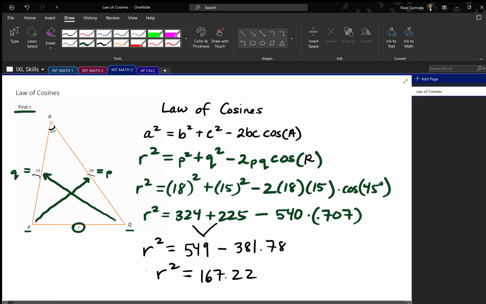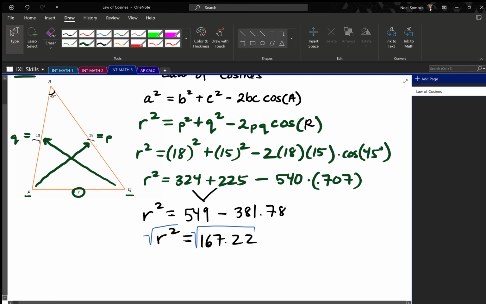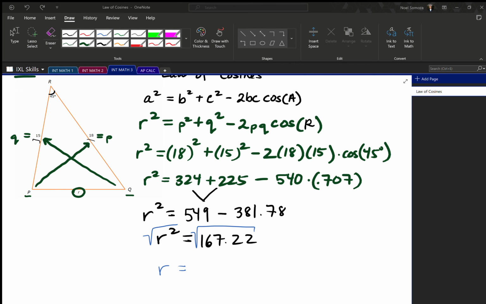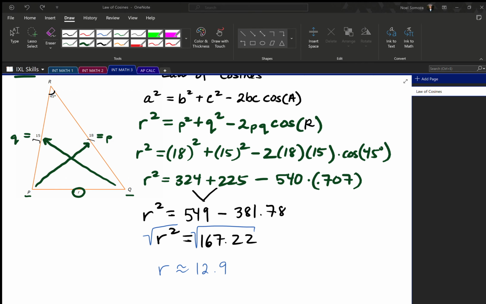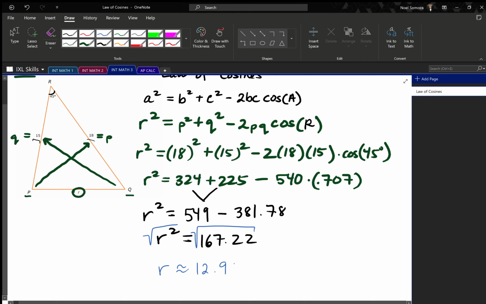We need to take the square root, because what we're looking for is r, not r squared. So r will equal, when you take the square root of 167.22, 12.9. Okay, now again, that's an approximate value, and on IXL you'll be asked to round to the nearest tenth, which this value is, because it's 12.93, but if I round it to the nearest tenth, then it's just 12.9. Okay, so there it is.